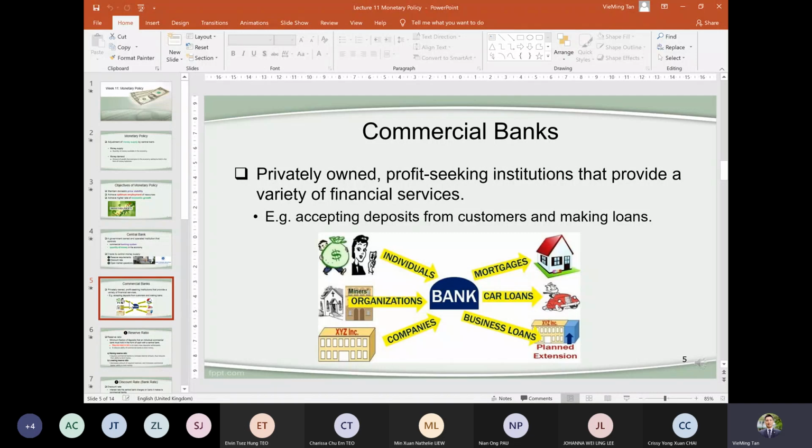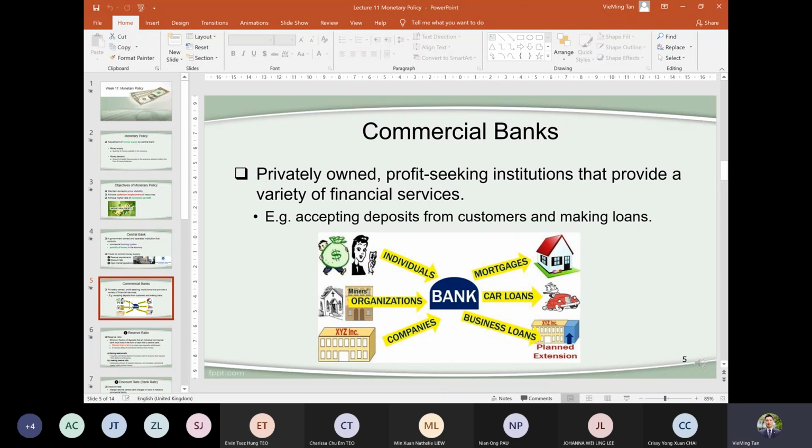So you may ask, how does the commercial bank get money? Actually, the commercial bank gets its sources of money from the individuals and businesses that save money in the commercial bank, like a deposit account. Individuals and businesses can open a deposit account or fixed account in the commercial bank.